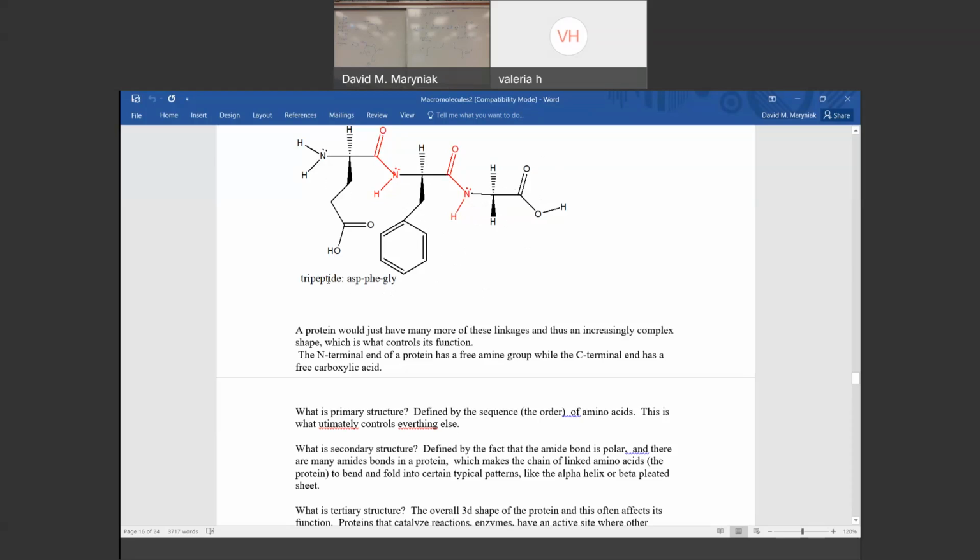So flipping the script, if I say asp-phe-gly, which is the N terminal? Asp, which is the C terminal?